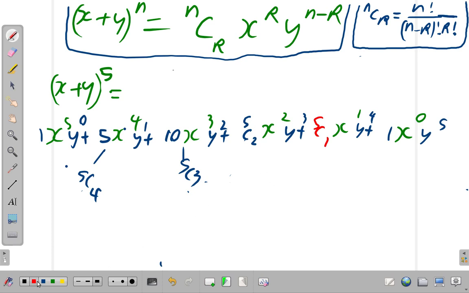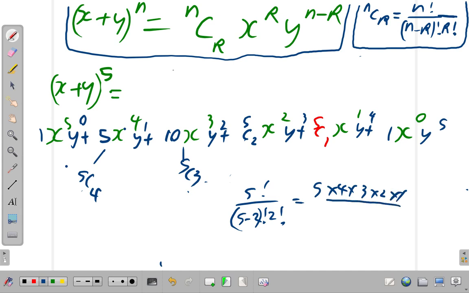5C2. What is 5C2? It's 5 factorial over (5 minus 2) factorial times 2 factorial, which is 5 by 4 by 3 by 2 by 1 all over (5 minus 2) factorial, which is 3 factorial, 3 by 2 by 1, times 2 factorial, which is 2 by 1. 2 by 1 cancels 2 by 1. 3 cancels 3. 2 into 2 is 1, 2 into 4 is 2, 5 times 2 is 10.